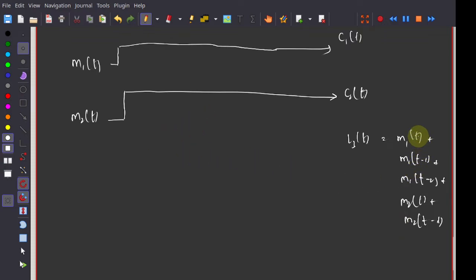So how do you go from M1 of t to M1 of t minus 1? Delay, right? You need a delay element. So basically what you need is a shift register. What is the maximum delay that is required for M1? 2. What about M2?